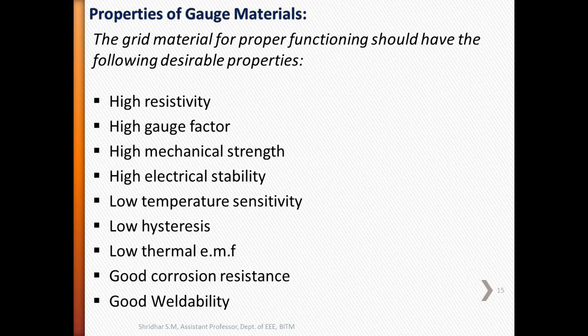The grid material for proper functioning should have the following desirable properties: high resistivity and high gauge factor, high mechanical strength, and it should have high electrical stability, low temperature sensitivity, low hysteresis, low thermal EMF, good corrosion resistance, and good weldability. So these are the properties of gauge materials.